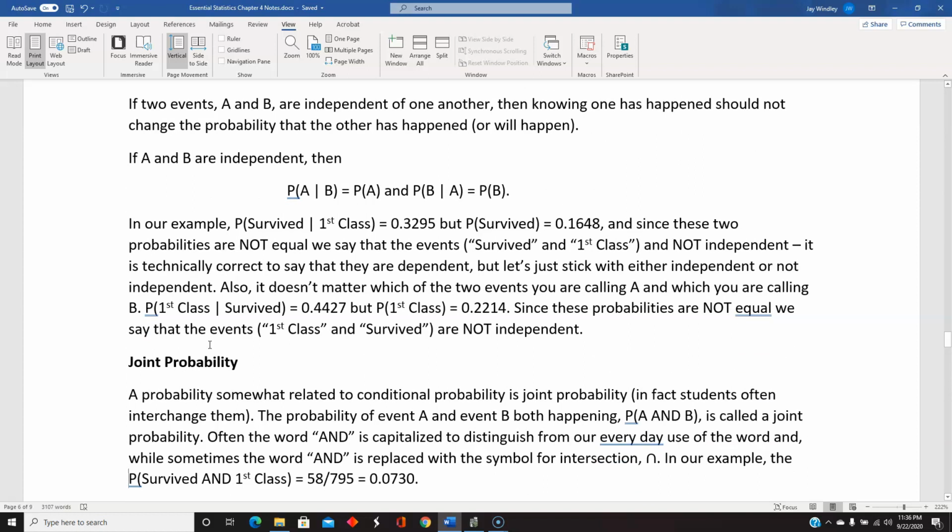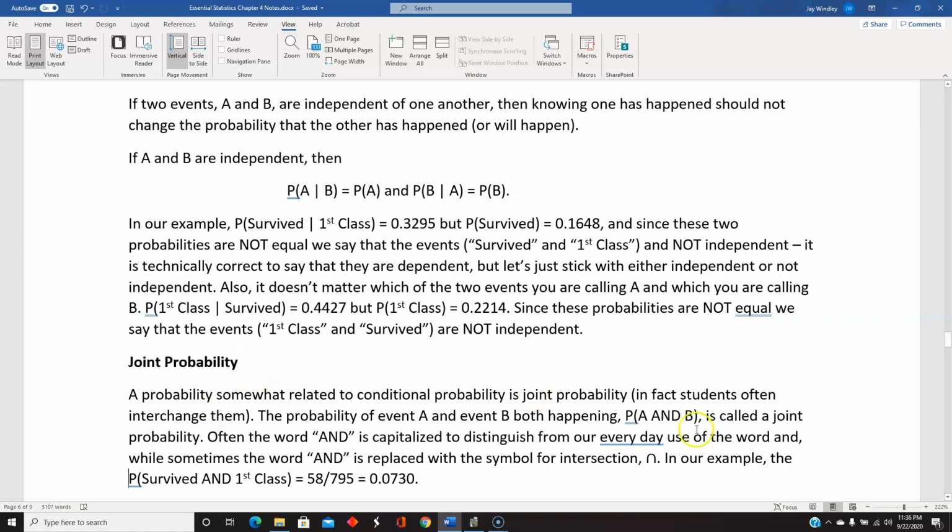Related to conditional probability somewhat is a joint probability. In fact, students often get them backwards or interchanged. In both conditional probability and joint probability, you need two events to both happen. But in the conditional probability we talked about before, it was the probability that one thing happened given that the other thing had happened. Now for joint probability, we're just talking about the probability of both events happening.